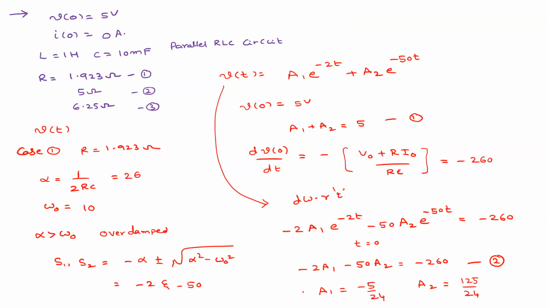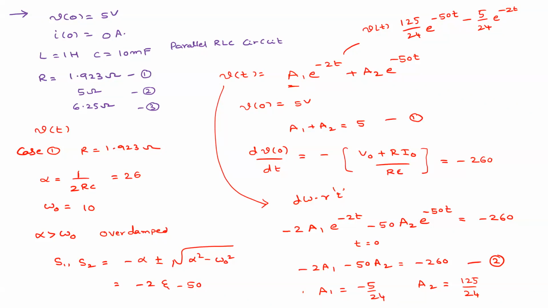So substituting these values, the overall solution is V of t equals 125 by 24 e to the power of minus 50t minus 5 by 24 e to the power of minus 2t. Is this correct? Yes, sir. So this is the first case.